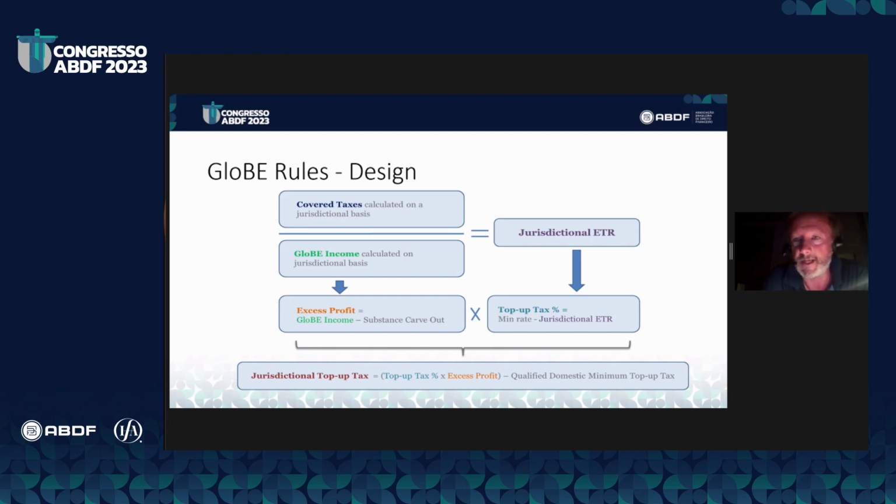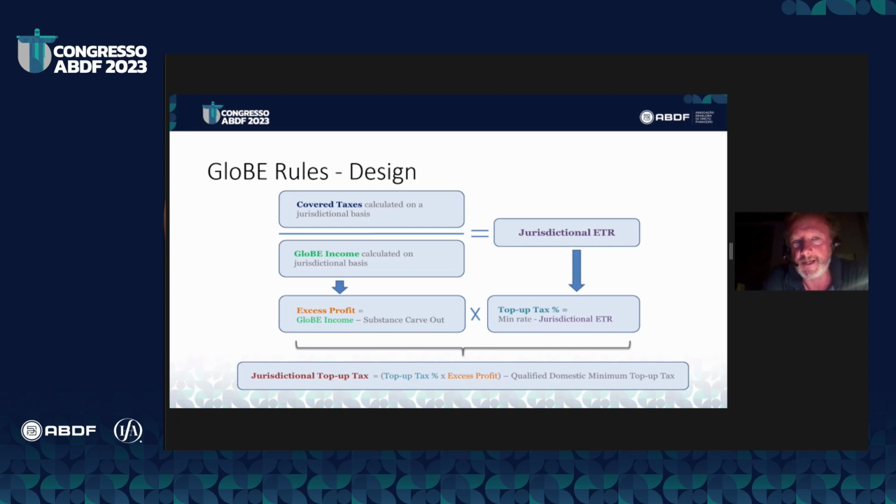What then happens is you need to calculate the covered taxes, and this is done essentially again using the accounts. It's using the tax expense in the financial accounts themselves, which incorporates deferred tax items, movements in deferred tax assets and liabilities. By doing that, we give ourselves the ability to smooth over timing differences that can arise between local tax and financial accounting, as well as providing a mechanism for recognizing relief associated with losses provided in each jurisdiction.